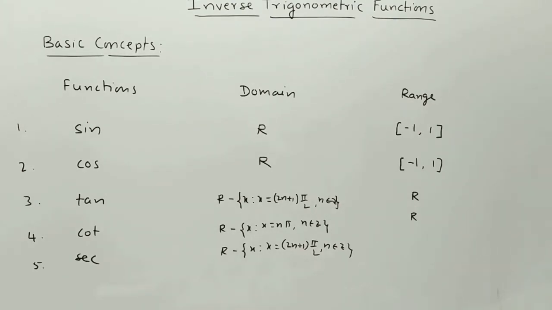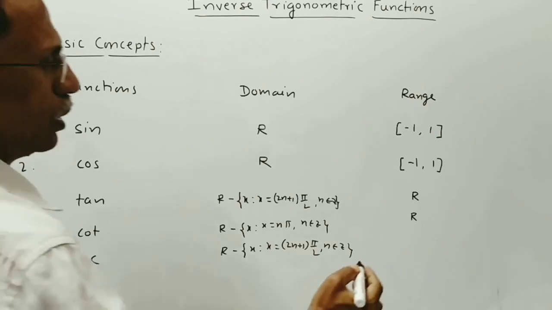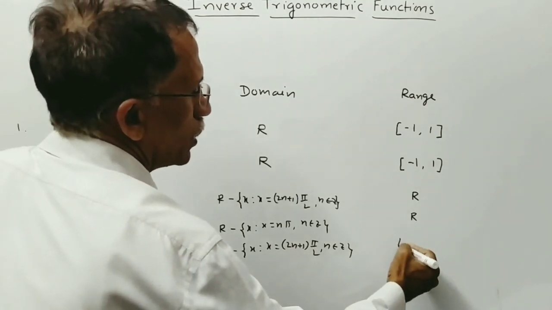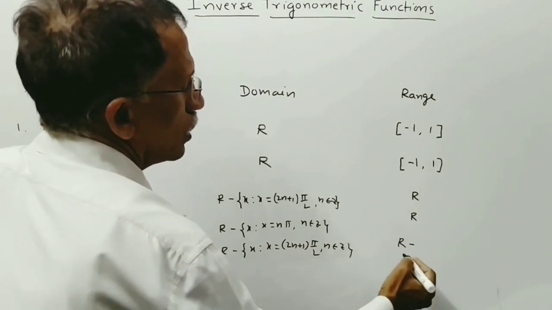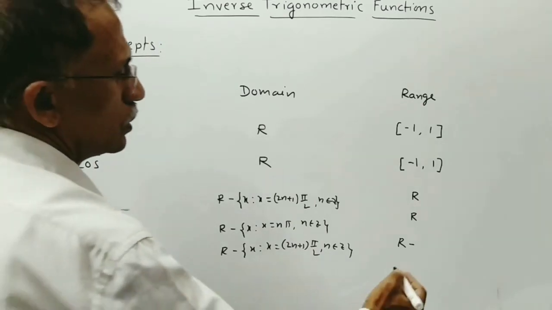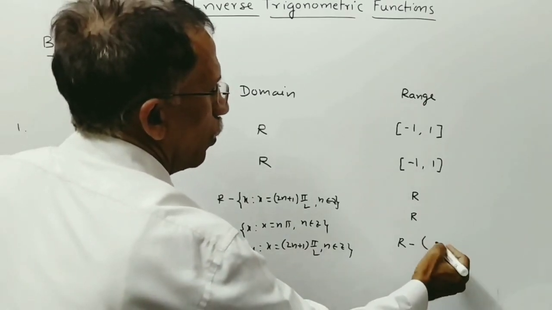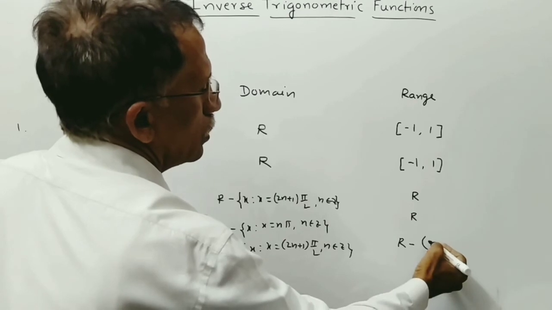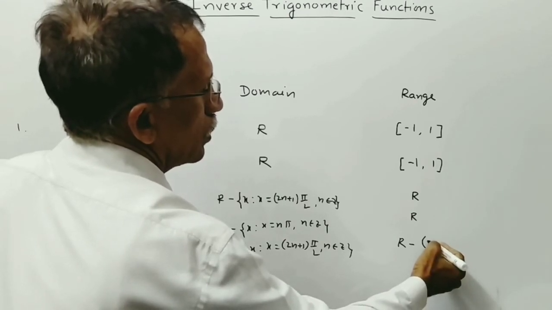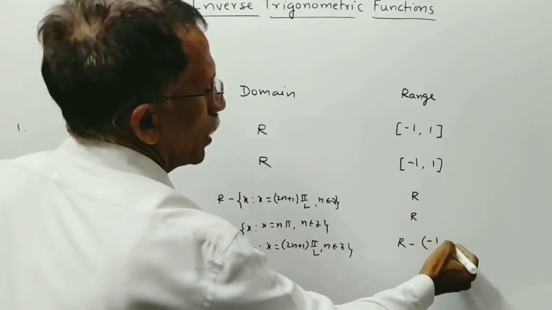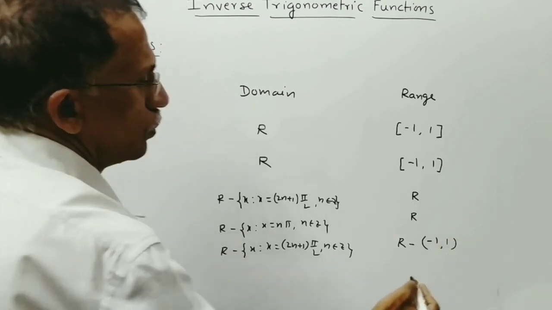So, we can remove the real numbers from minus 1 to 1 from set of real numbers. Therefore, range of this function is r minus open interval minus 1 to 1.